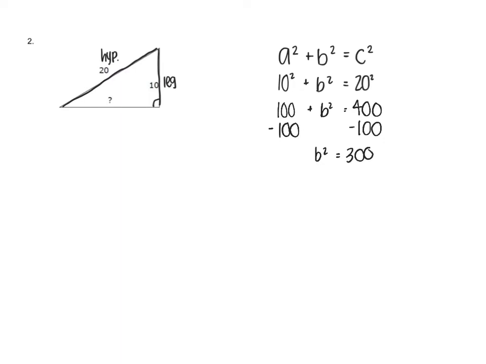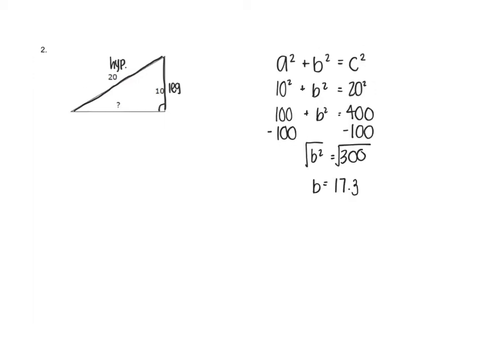Then I'm going to take the square root of 300 using my calculator, and when I take the square root, I get b equals 17.3, with us rounding to the nearest tenth as our final answer.